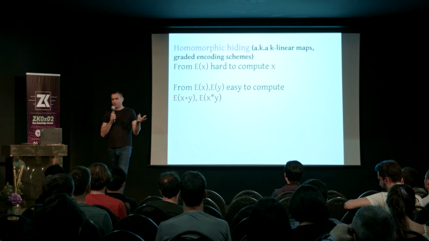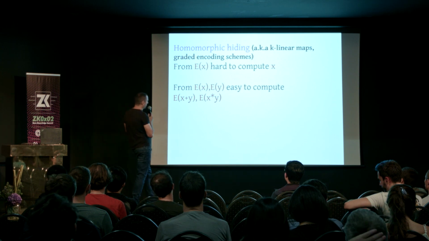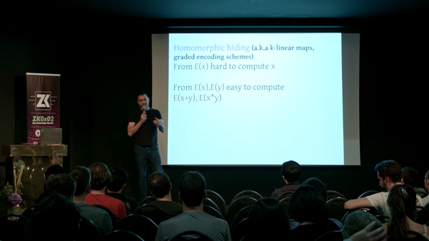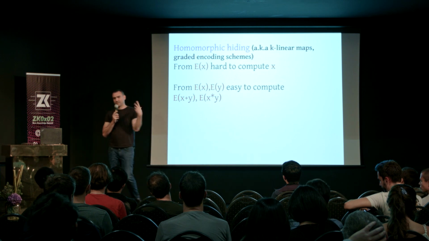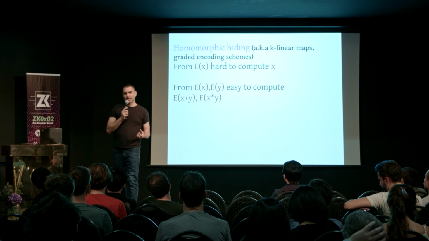What is the homomorphic part? It means that if I give you a hiding of x and a hiding of y, you can't get x or y, but you can get other hidings of arithmetic expressions in x and y.